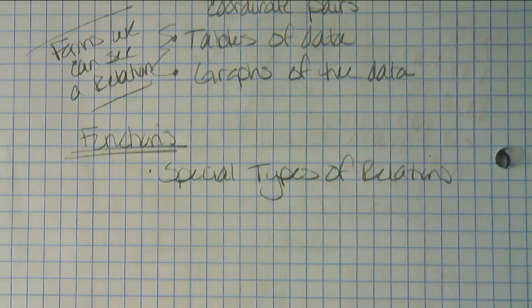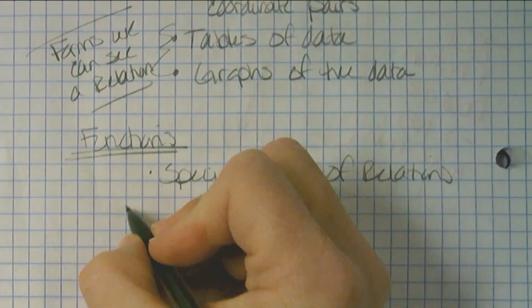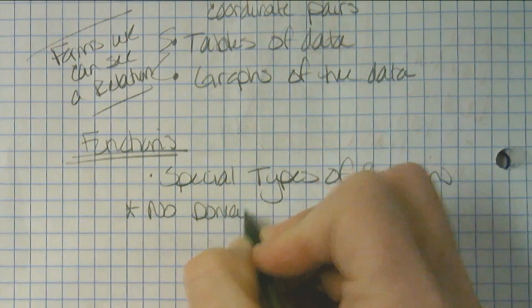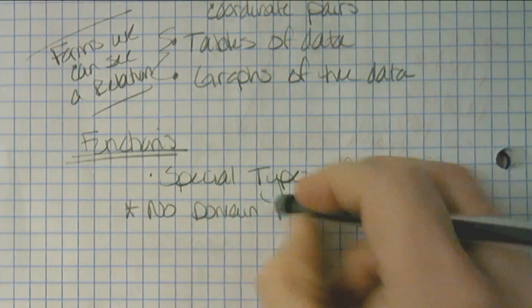A square is a rectangle with all the same side lengths. Functions are very special types of relations. And what makes them so special is that no domain values repeat.